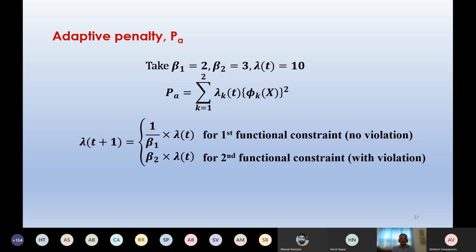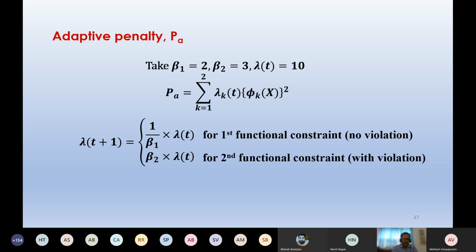But for the second functional constraint, there is a violation. And there also I'm going to calculate how much should be lambda t plus 1. Now here beta 1 is equal to 2, beta 2 equals to 3.